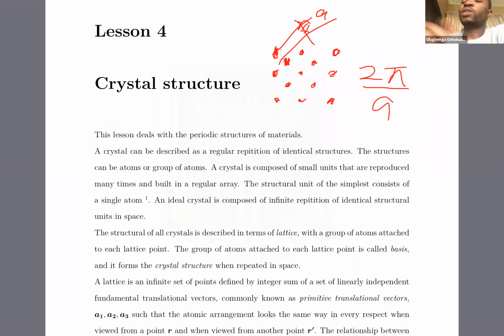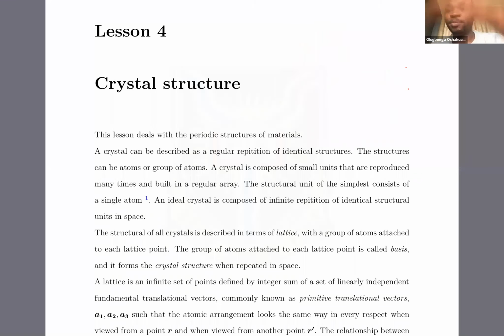But just know that whenever we are talking about crystals, there are 2 different types of lattices: the direct lattice, which is the one that we see and interact with, and the reciprocal lattice, the one that looks imaginary but is very useful and helpful in understanding the nature of materials. So let's move on.